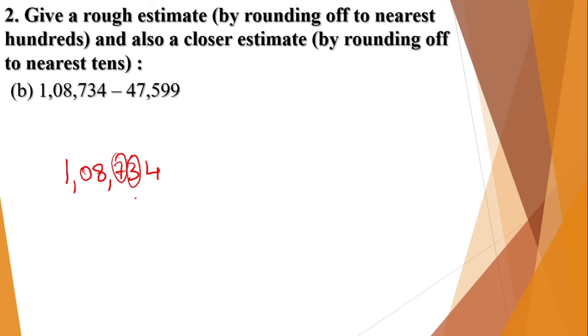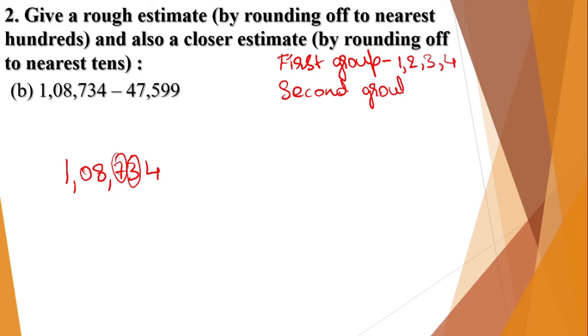Now we should check if 3 is in the first group or second group. So in the first group, we have 1, 2, 3 and 4. And in the second group, we have 5, 6, 7, 8 and 9.